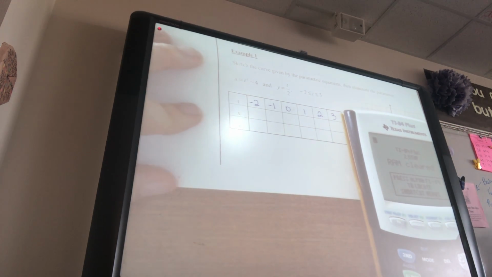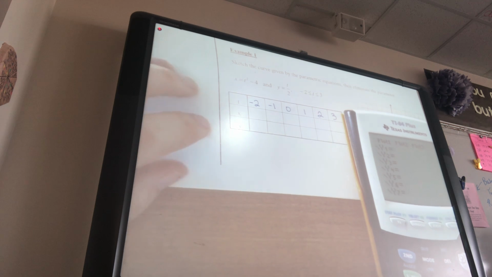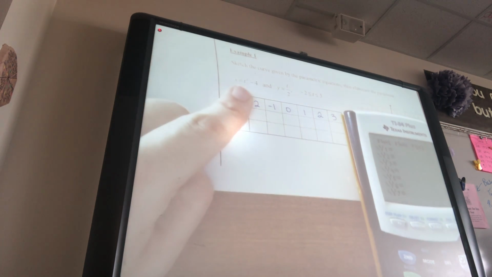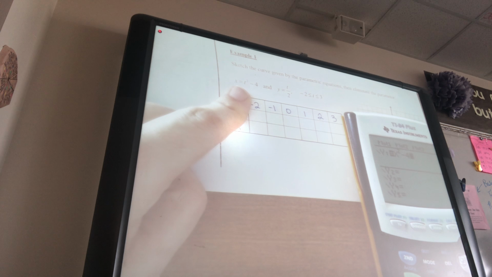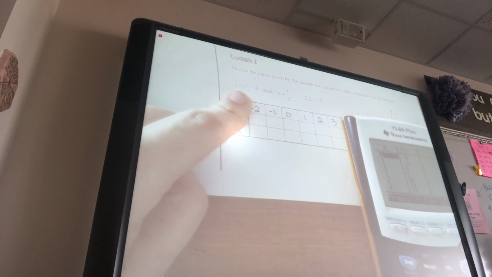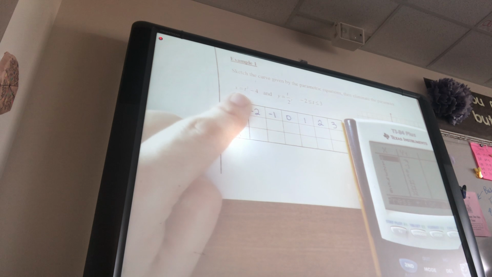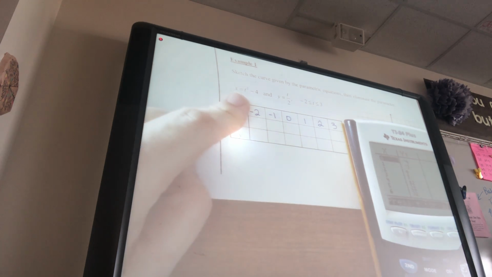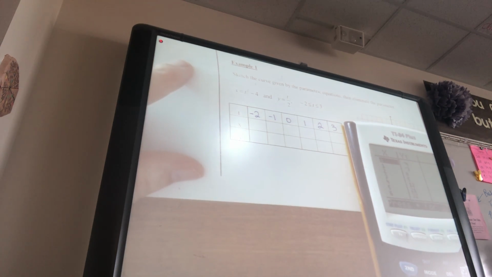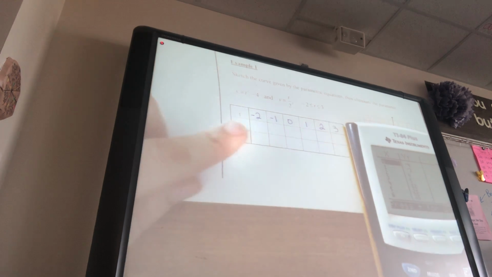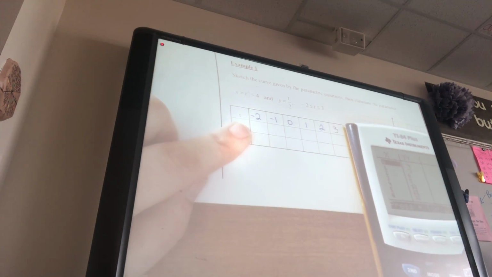Okay. So what I recommend is you go to y equals and put in x squared minus 4 and then go to your table and have it tell you your negative numbers. You will get it right that way. Yes, it's cheating, but you'll get it right. So -2 squared minus 4.